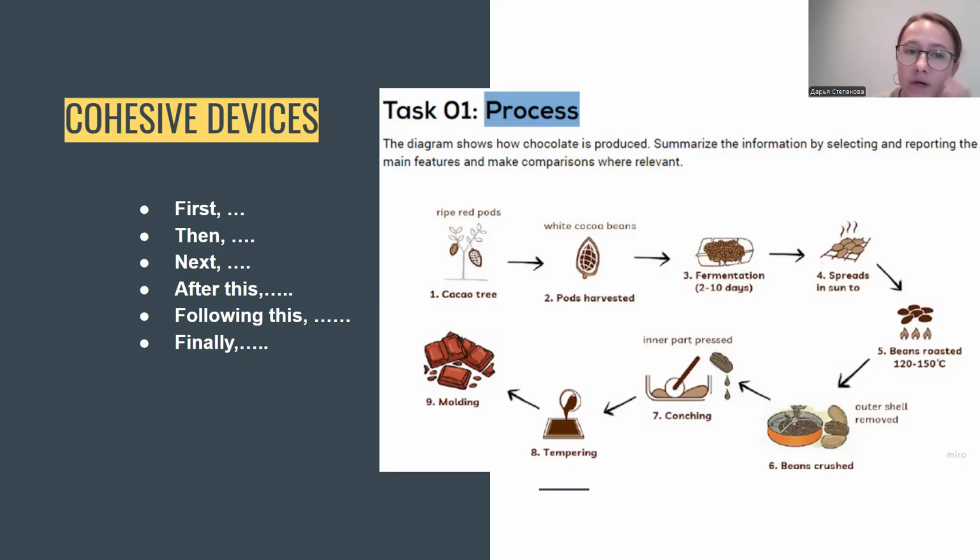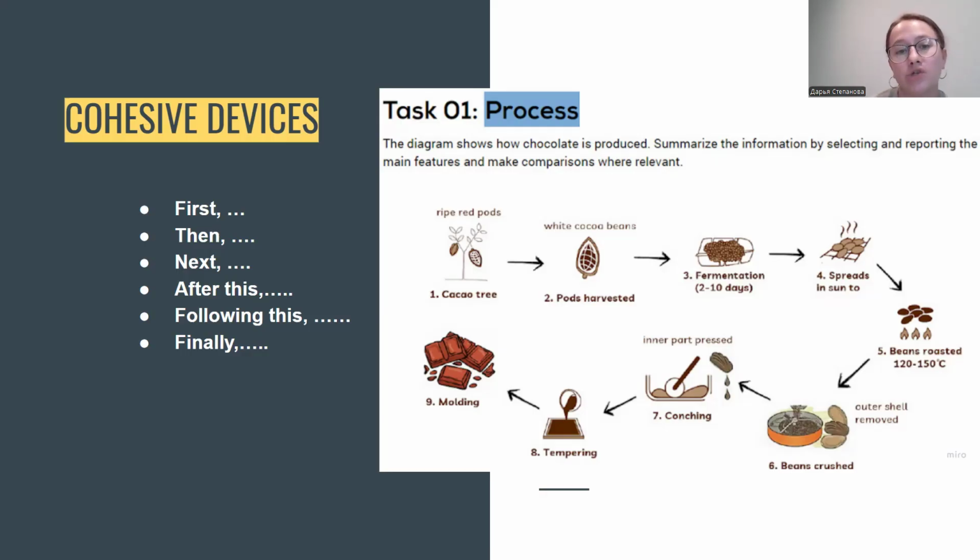And of course, one of the ways for you to present these steps, because this is a step-by-step description of all of the 9 steps depicted on the chart, and one of the ways a lot of students resort to is using the following cohesive devices as a template: first, then, next, after this, following this, finally.